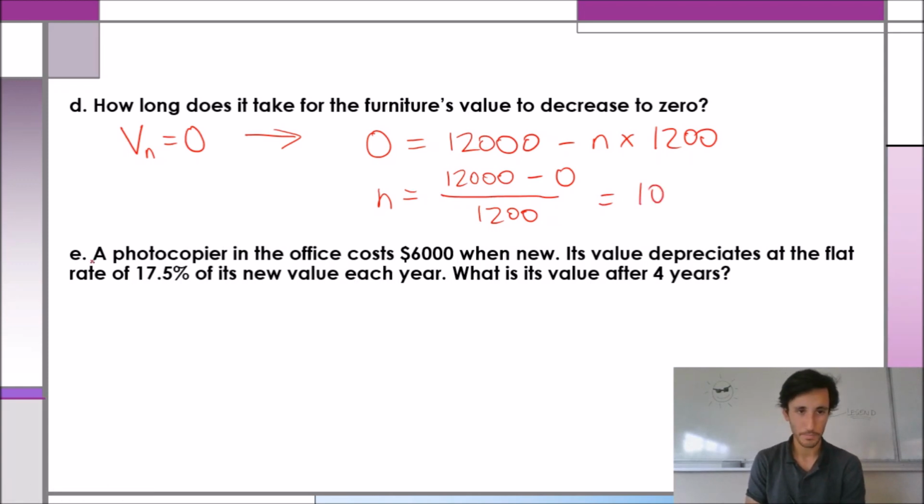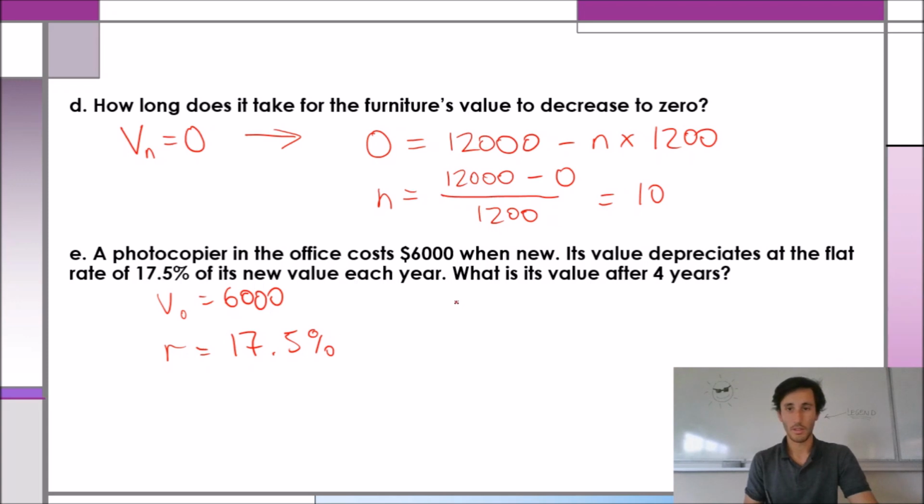All right. A photocopier in the office costs $6,000 when it's new. Its value depreciates at the flat rate of 17.5% of its new value each year. What is its value after 4 years? All right. So V0 is 6,000. R, little r, is 17.5%. So we need to figure out what D is.